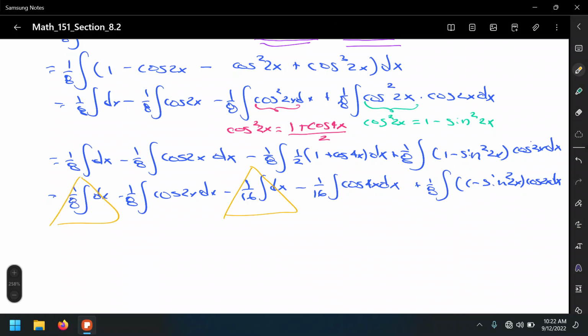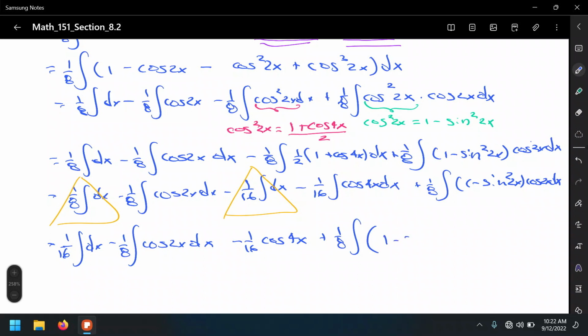So 1/8 minus 1/16 is going to give us 1/16, minus 1/8 integral of cosine 2x dx, and we already combined these two, minus 1/16 cosine of 4x plus 1/8 integral of 1 minus sine squared 2x cosine 2x dx.